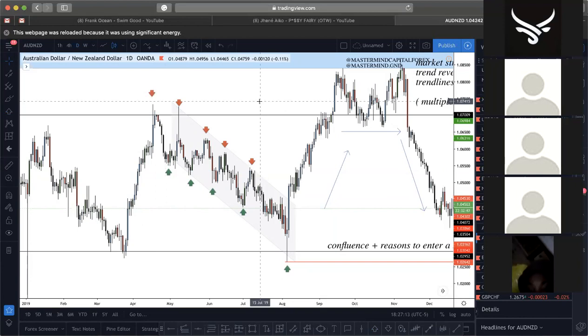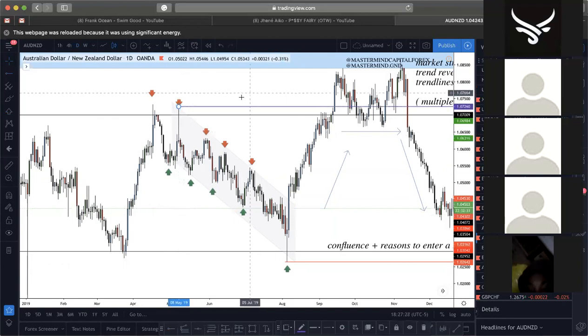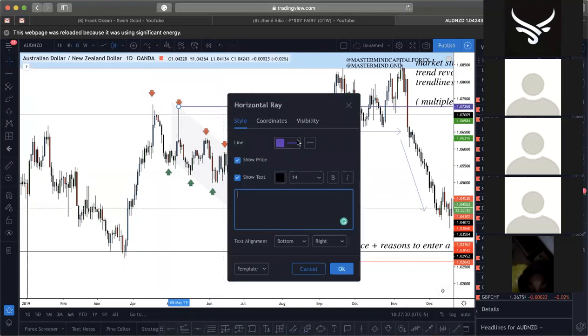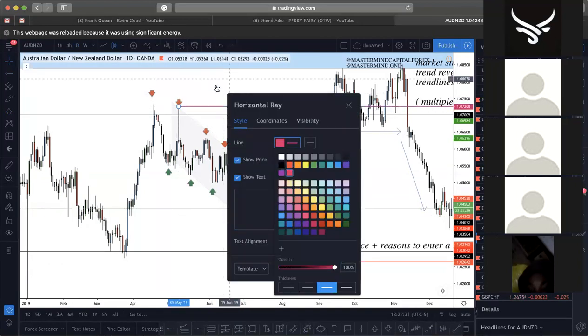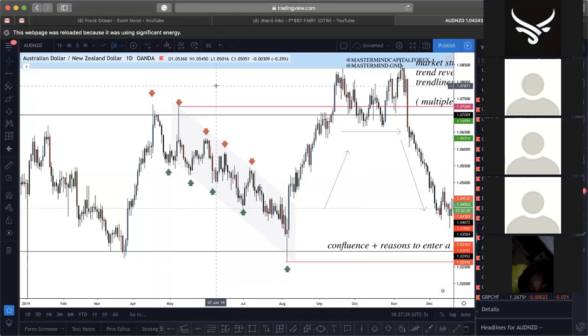So we know that if the market is making a lower high here, we identify where the previous high was, which was here. I'm going to highlight this red. We know that was the previous high, and according to the rules of a downtrend, the market has to make a lower high.